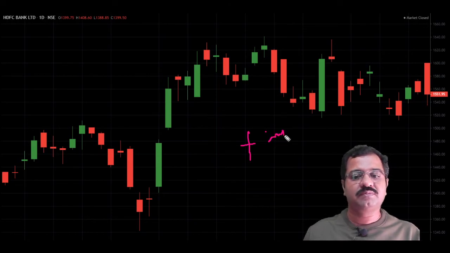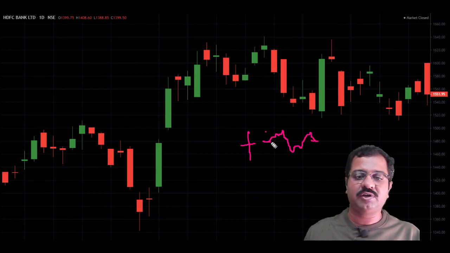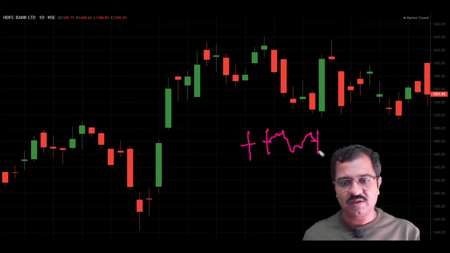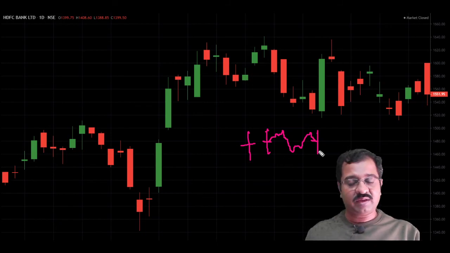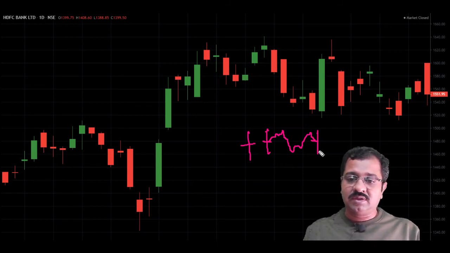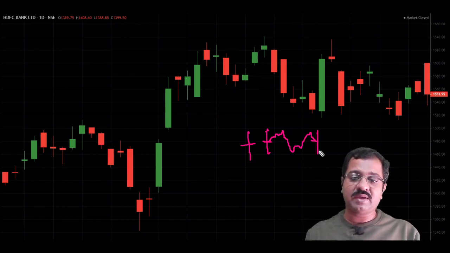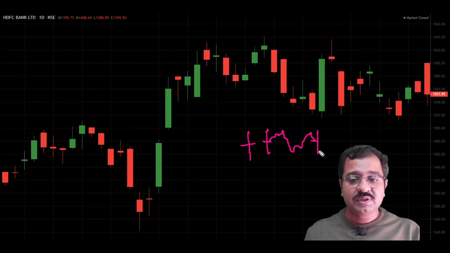Prices went up, then came down, then went up, then closed here, at the same point they opened. So in the entire day this happened. So it was sideways, right? So if you are able to understand the context behind each candlestick, you will be able to pick up these concepts very easily.